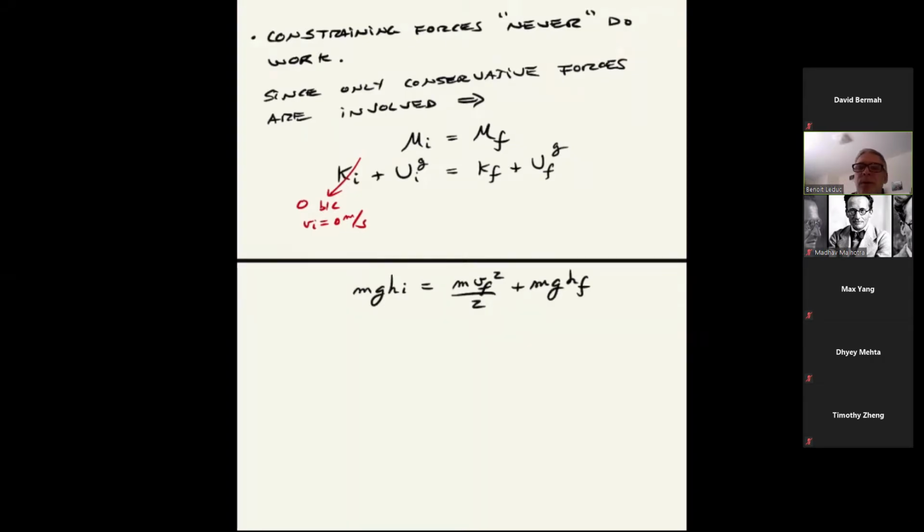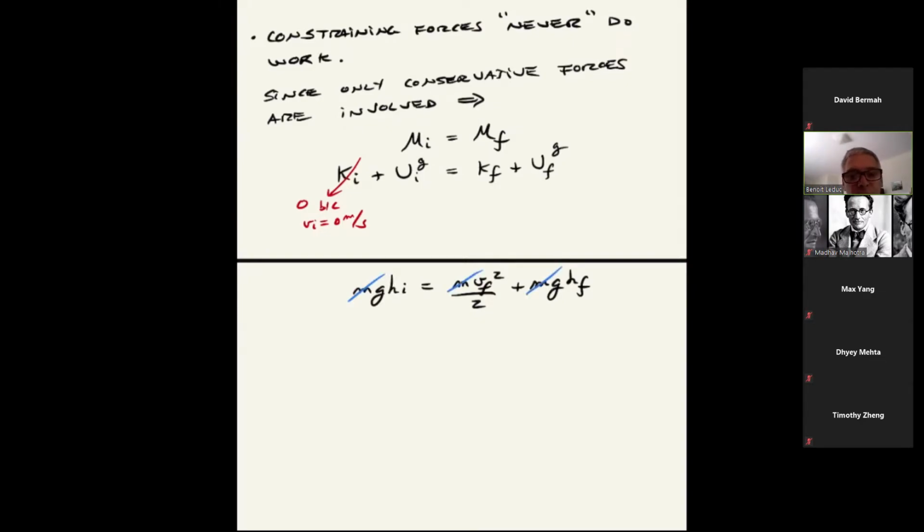Now notice that I did not give you the mass of the coaster. I could have, but you can see that it does not matter, because the mass will cancel on both sides. So the mass goes away. That's very interesting.